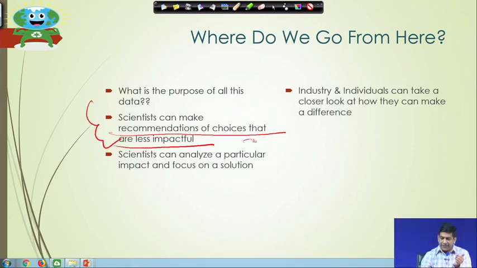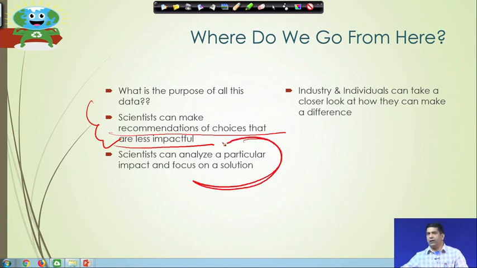We can analyze a particular impact and focus on a solution. Even if you think about a cell phone and look at the process of how this smartphone is made, looking at each and every unit process which goes into making it, we can identify what is known as the hotspot.